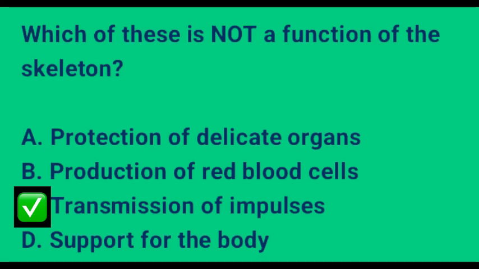And when it comes to blood formation, the bone marrow produces red and white blood cells, but transmission of impulses is not a skeletal function. It is the responsibility of the nervous system, specifically the neurons. Therefore, option C, transmission of impulses, is not a function of the skeleton.